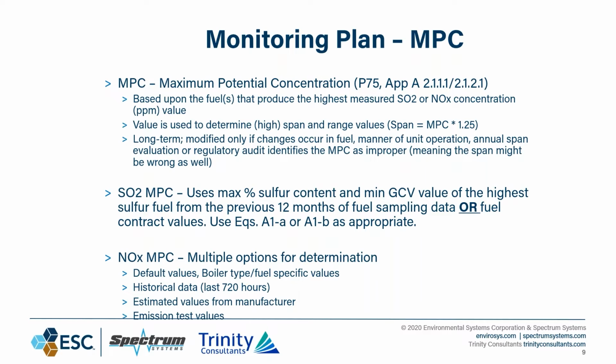The expectation there is the only time it gets modified is if a change occurs in the fuel that you burn, the manner that you operate the unit, an annual span evaluation, or some kind of regulatory audit identifies your MPC as improper, which would also mean that your span might be off as well.